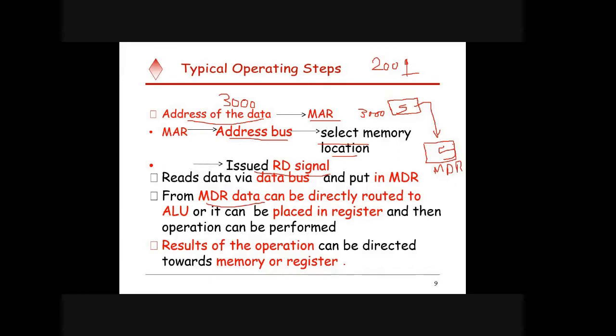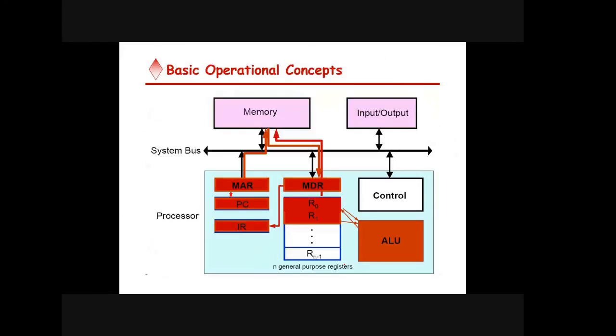But after that, the control unit should issue a write signal, and at that time the data present in R0 will be copied into the corresponding memory location. So the result of the operation can be directly written into either a register or the memory.